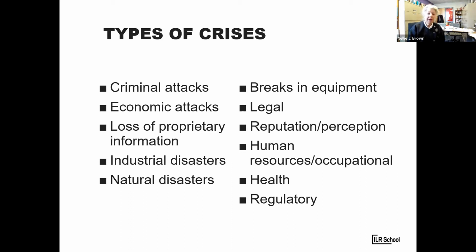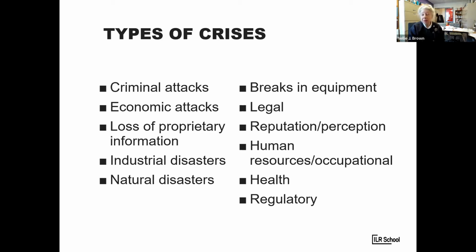What about damage to your reputation or the perception by which your organization is viewed by your stakeholders, the media, your community, and so on? Might this crisis unfold from a human resources or occupational point of view? We'll take a look at some more of those kinds of problems in a little while. Could this be a health crisis?